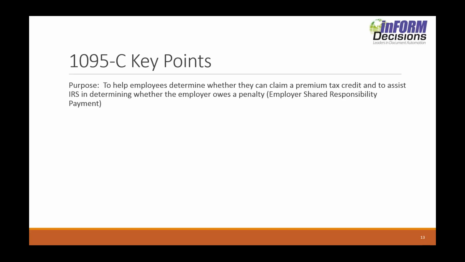That is a separate piece of the equation. So keep in mind there could be penalties for 1, not offering minimum essential coverage, but 2, not filing the forms. There is going to be some leniency this first year: if you made a good faith effort to file these forms, then you will not see penalties. They're going to give some leniency this year. So keep that in mind as well.